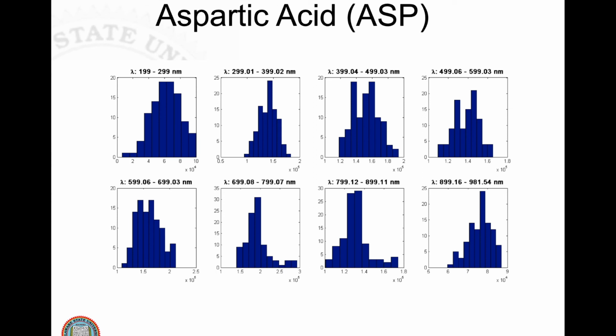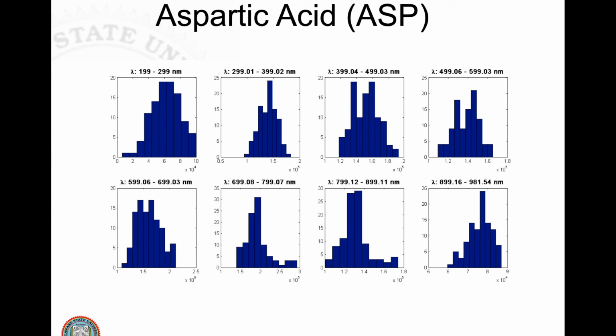And so what we started out doing is we took the entire spectrum from 199 nanometers through about 982 nanometers, and we divided it into equal bands 100 nanometers wide. And then we took all of our measurements for our samples, and we plotted histograms of the spectral bands for each of those 8 spectral bands, 100 nanometers wide.